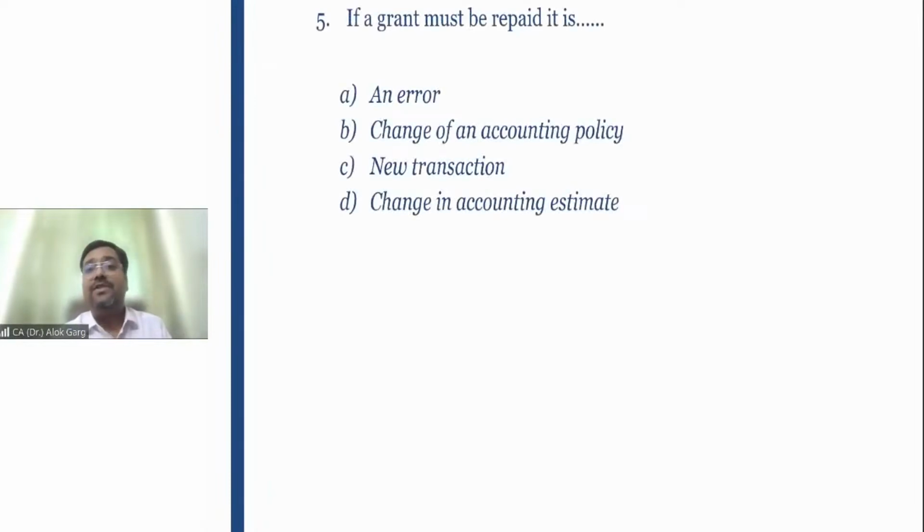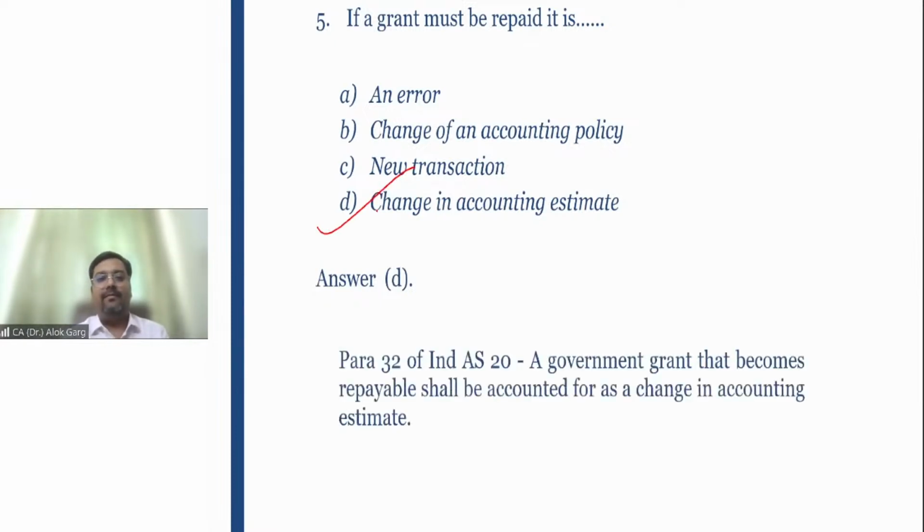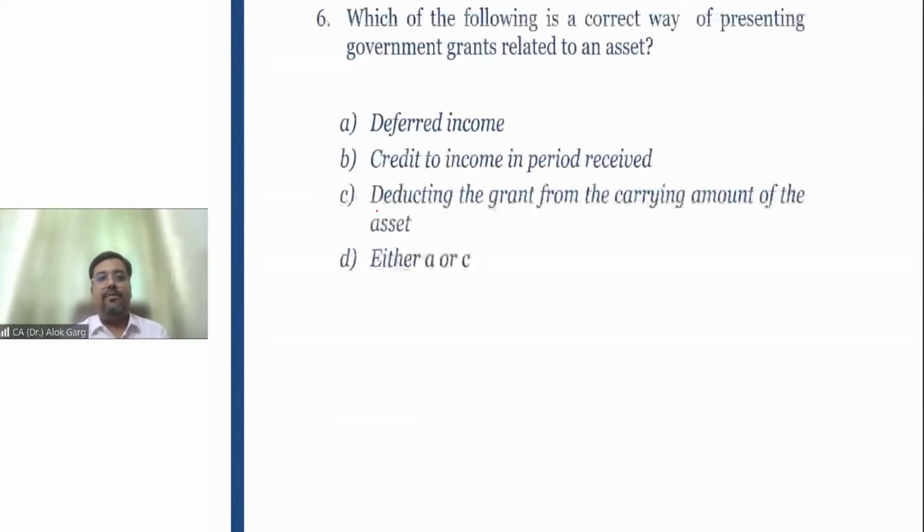If a grant must be repaid, it is an error, change of an accounting policy, new transaction, change in estimate. What is that? It is a change in estimate. Question number 6. Which of the following is the correct way of presenting government grant related to an asset?